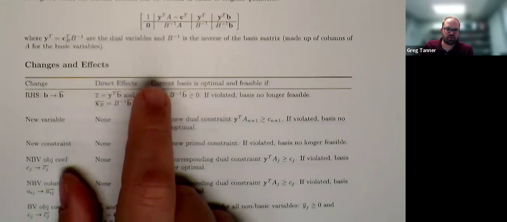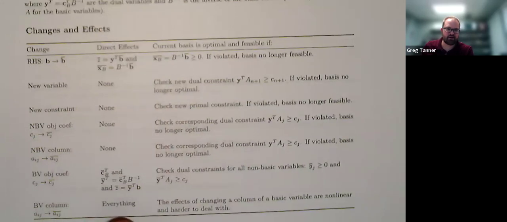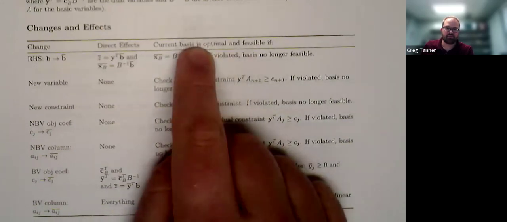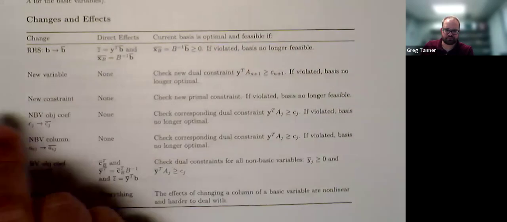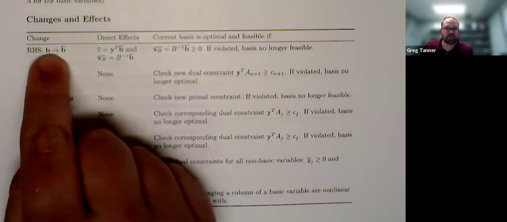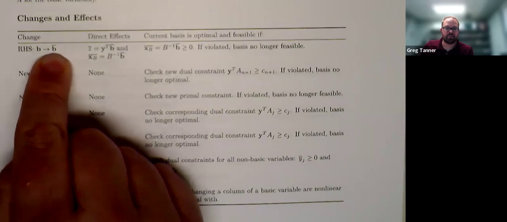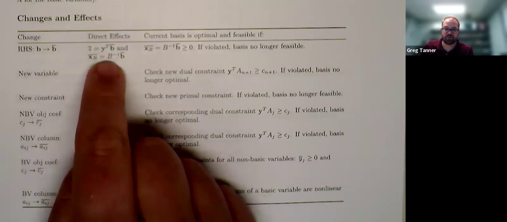So here are the different changes. Here are the direct effects, and then the current basis is optimal and feasible if some condition. Really, we made a video or part of a video about each of these possible changes. You can change the right-hand side. It'll have the direct effect of changing the objective value as well as changing the current solution.